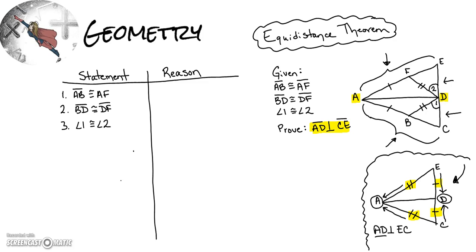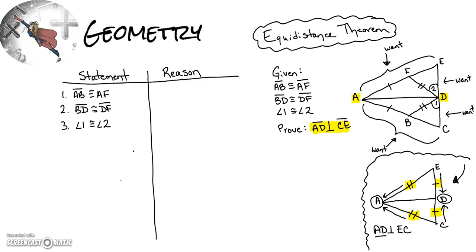I'm just going to write the word want by these arrows just to remind us what we want in the end, but we don't have it yet. And those are the things that we want congruent. Now let's look at the things that we do have congruent.